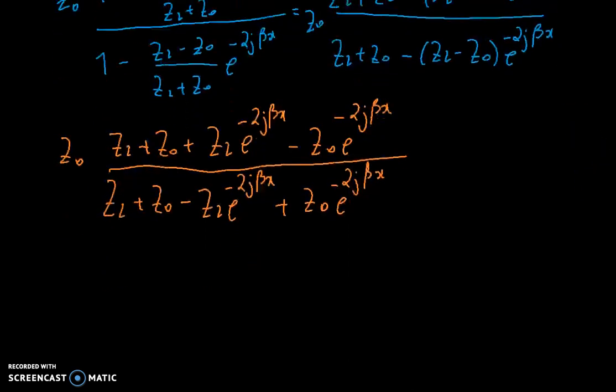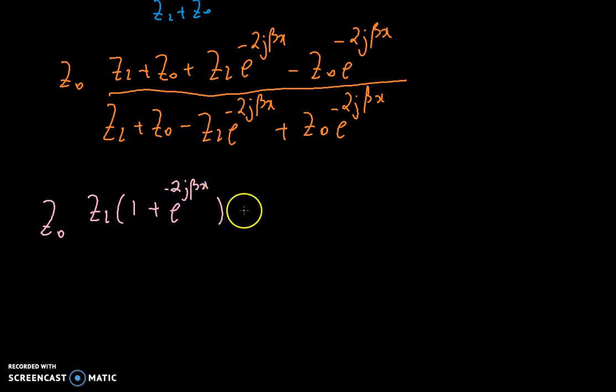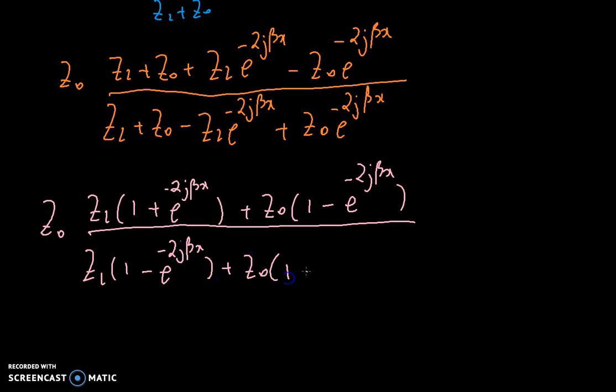Now we can factor. So this is Z0 times ZL times 1 plus e to the minus 2j beta x plus Z0 times 1 minus e to the minus 2j beta x, divided by ZL times 1 minus e to the minus 2j beta x plus Z0 times 1 plus e to the minus 2j beta x.